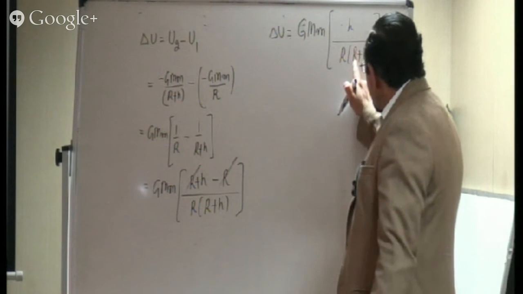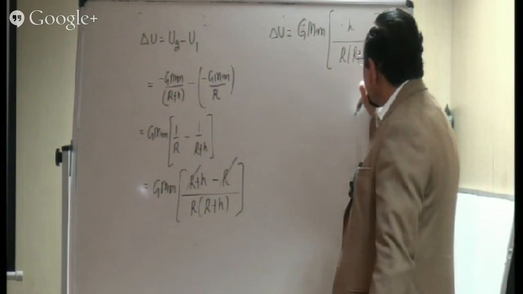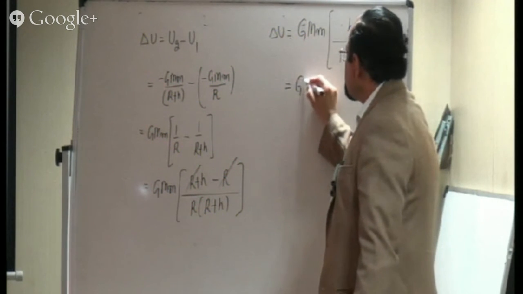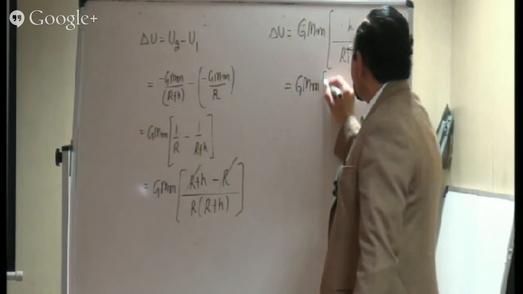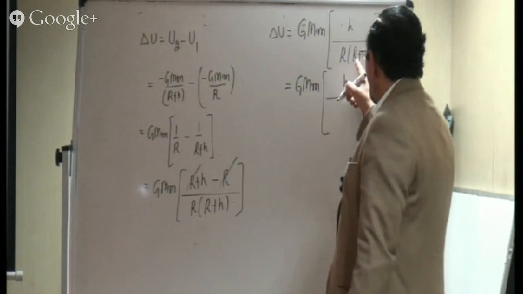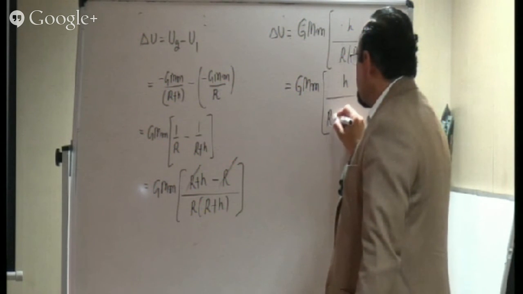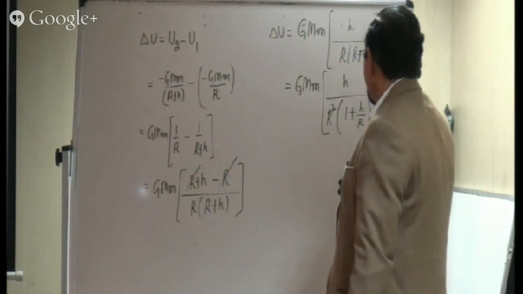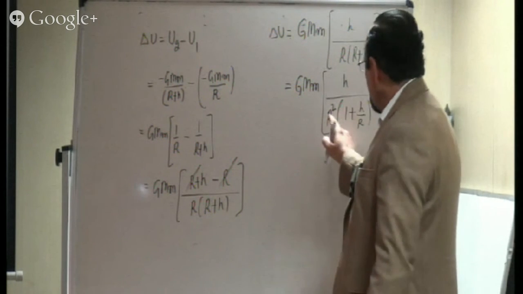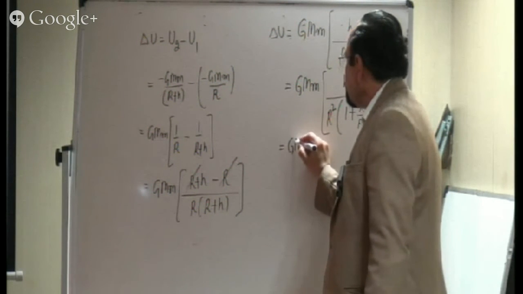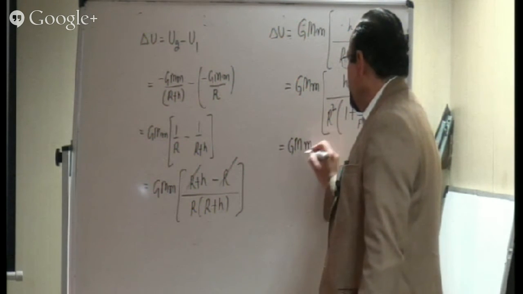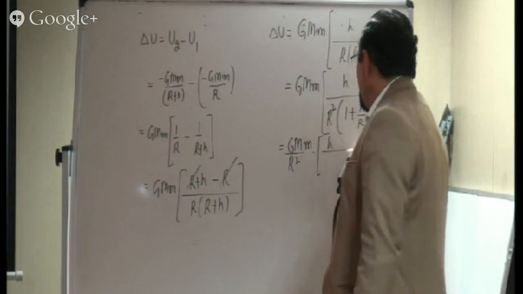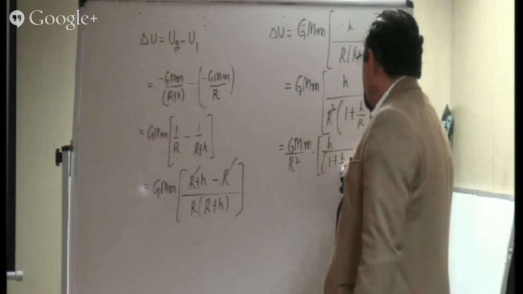Let's take r out from this bracket. If I do this, this is GM h, 1 r with this r will make it r square, 1 plus h by r. Okay? Take this out: GM by r square, h divided by 1 plus h by r.